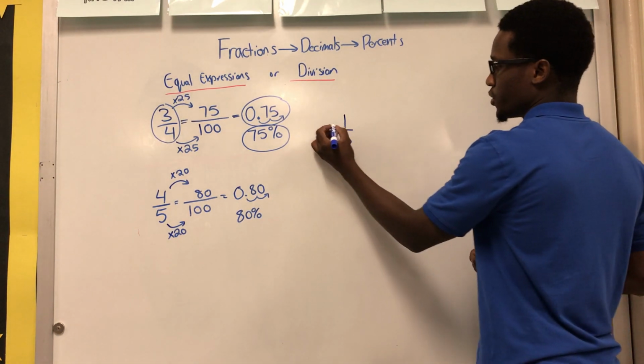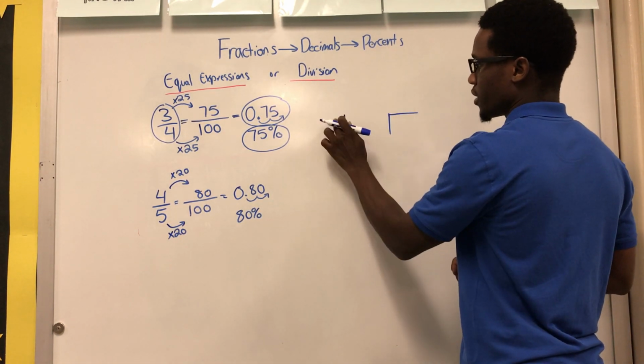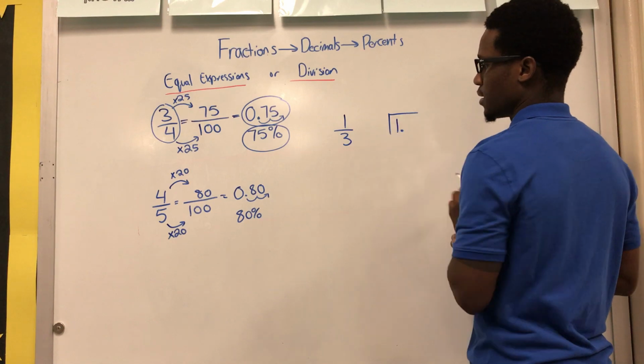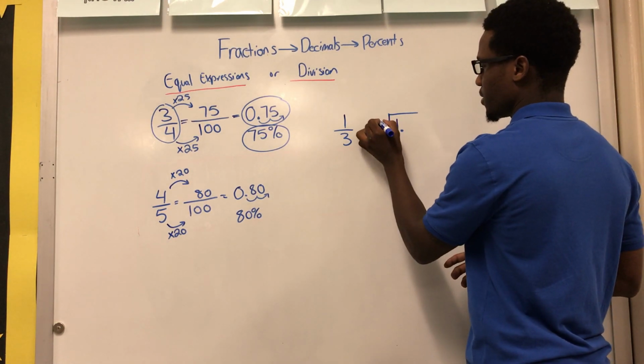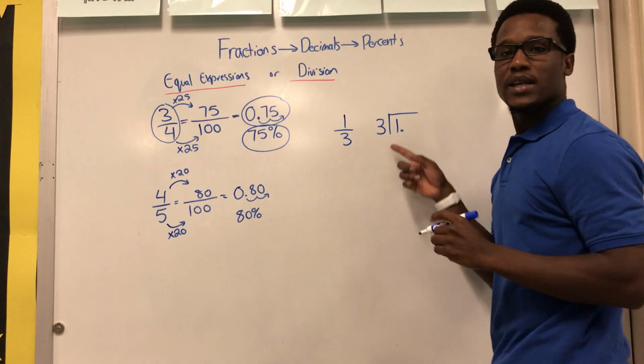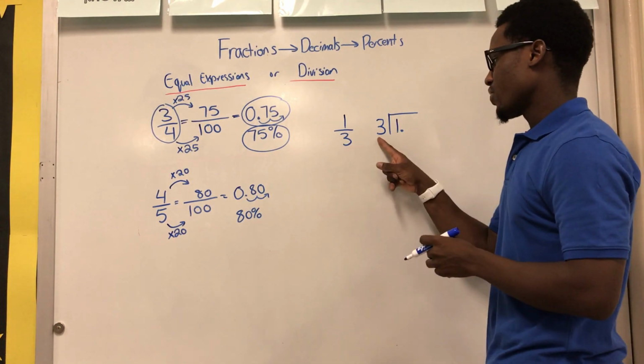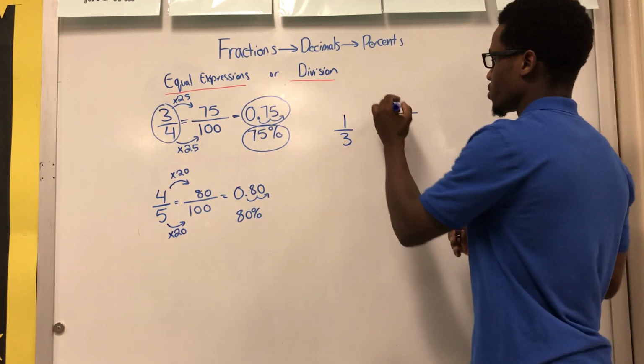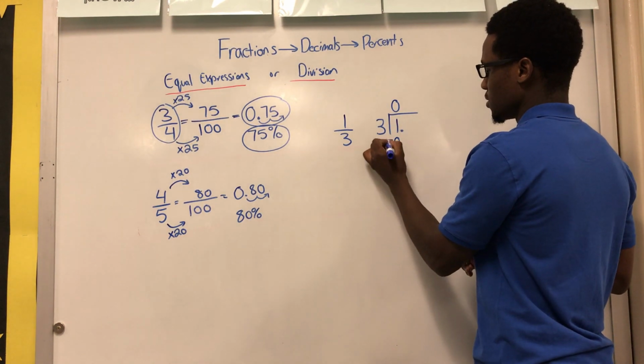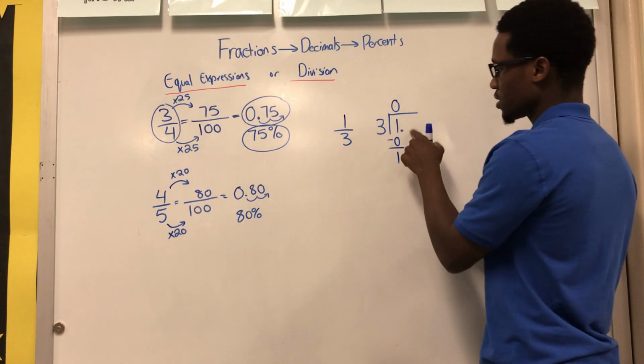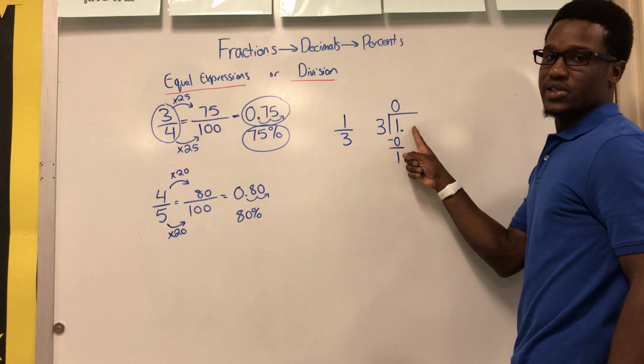So what we're going to do is take the numerator, put it on the inside, and the denominator on the outside, and then see if we can divide. So 3 does not go into 1, so this goes in 0 times. Do my subtraction, and there's always going to be a 0 here.